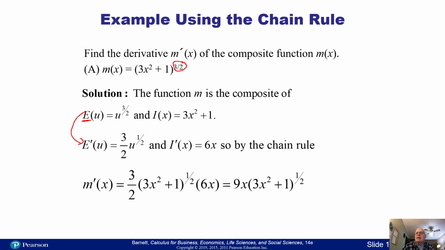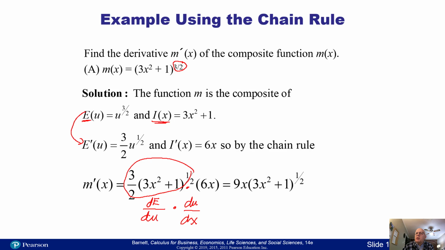we can write it like this. Now this is dE, external function, du. It's this part right here. And then we multiply times du dx.